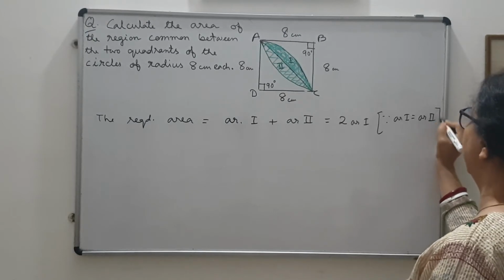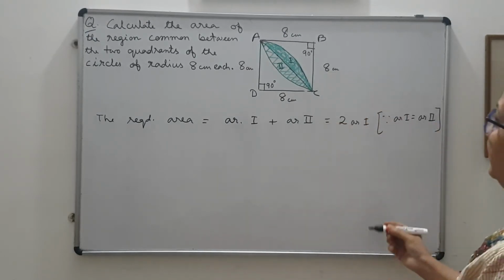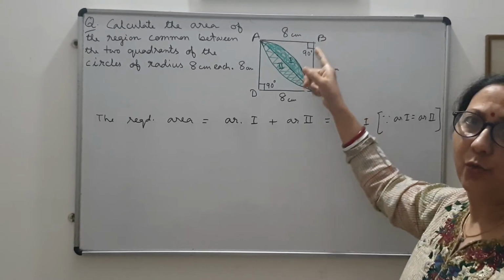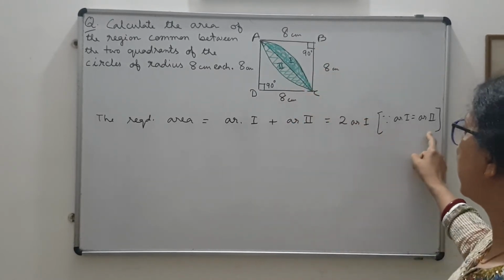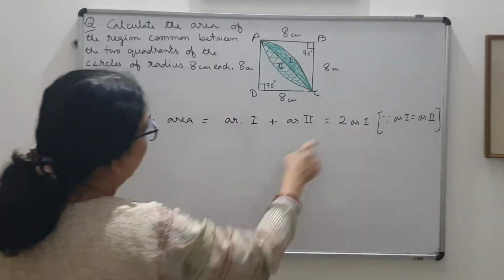They are identical because they are segments of identical quadrants. That's why these areas will be the same. So how to find twice of area 1?